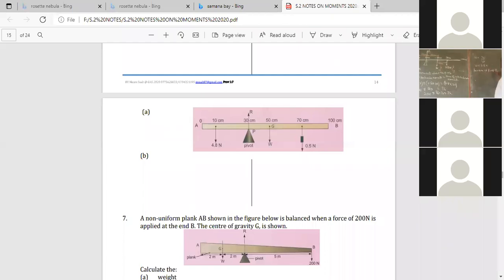There's only one upward force, isn't it? Yes, 4.8 plus 3.8 plus 0.5. What would be that total reaction?